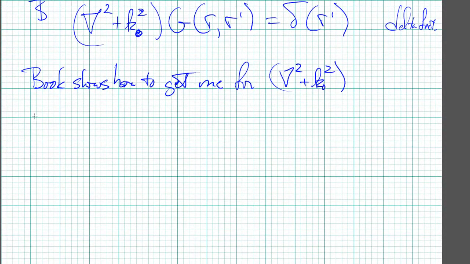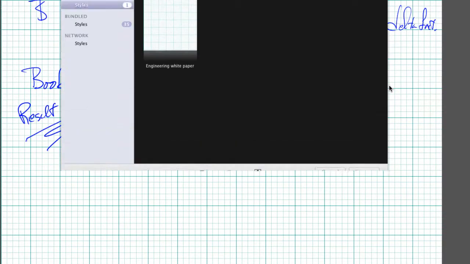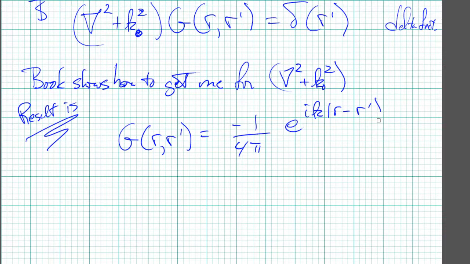And the result is that g of r prime equals minus 1 over 4 pi e to the i k absolute value of r minus r prime, over absolute value of r minus r prime. And so, since this works, you can verify it yourself.